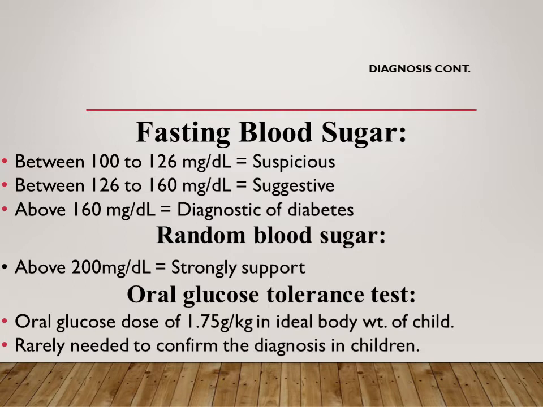And if the blood sugar level is between 100 to 126 mg per deciliter, it arouses the suspicion that the patient can have diabetes mellitus. When the blood sugar level is randomly checked and it crosses 200 mg per deciliter, it indicates the patient has diabetes mellitus.